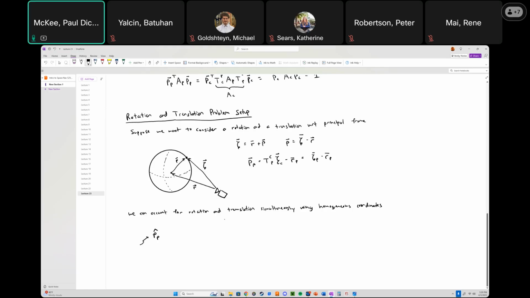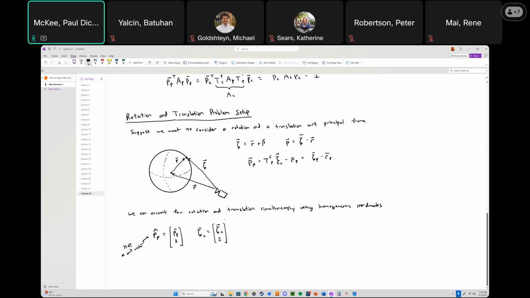Just want to be clear, not a unit vector. This is going to be its original self, r_P, with a 1 appended on the end. And then similarly, zeta camera hat is zeta camera the vector and then a 1 on the end.